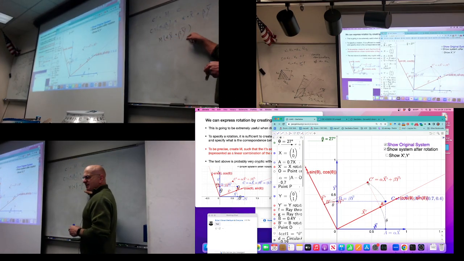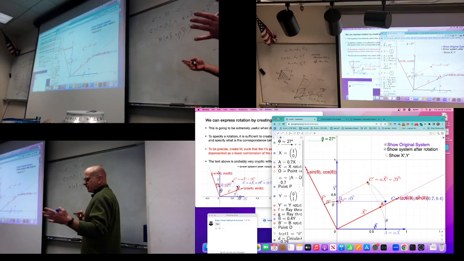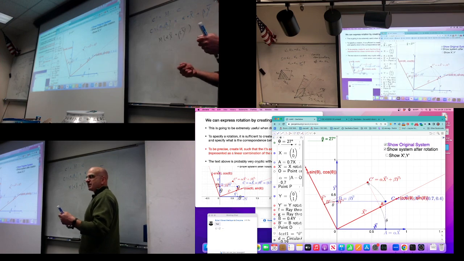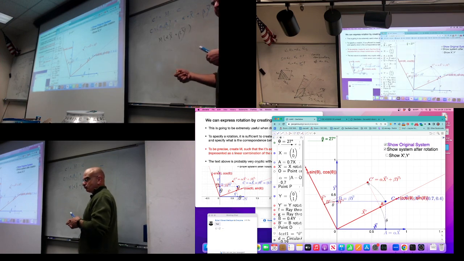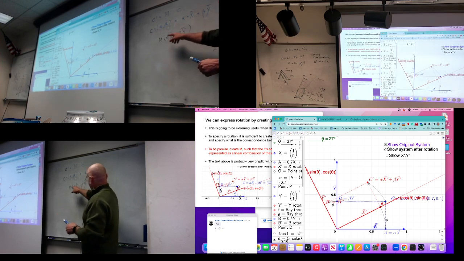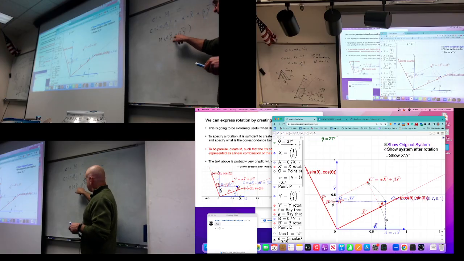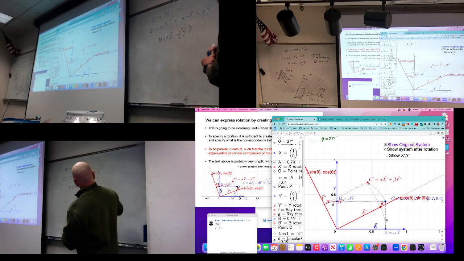But this is a linear transformation, right? It's multiplication by a matrix, and it does some linear things. What is a linear thing? You take 0 to 0, and when you multiply by the sum of two objects, it's like multiplying the first one plus multiplying the second one, which makes us what?